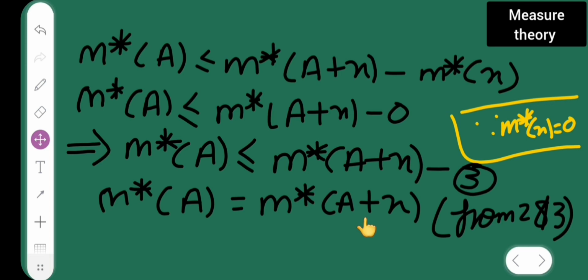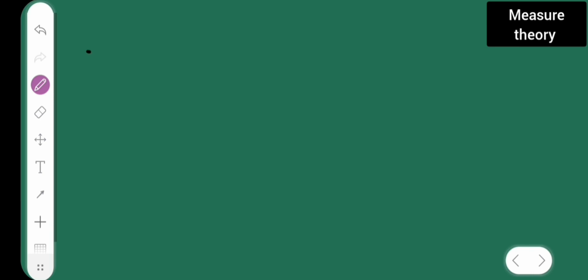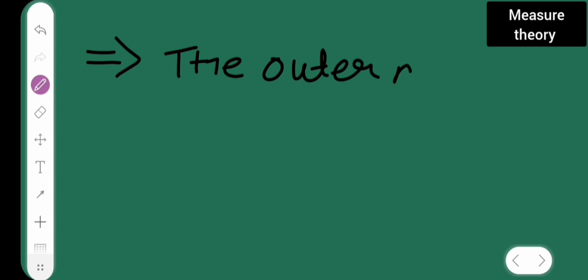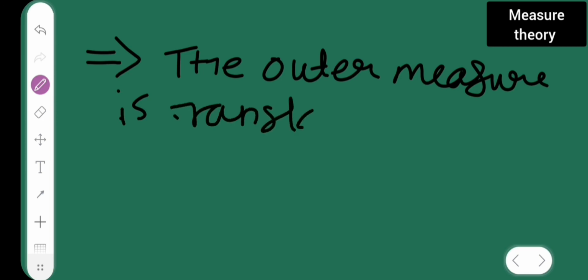Now this implies the outer measure is translation invariant.